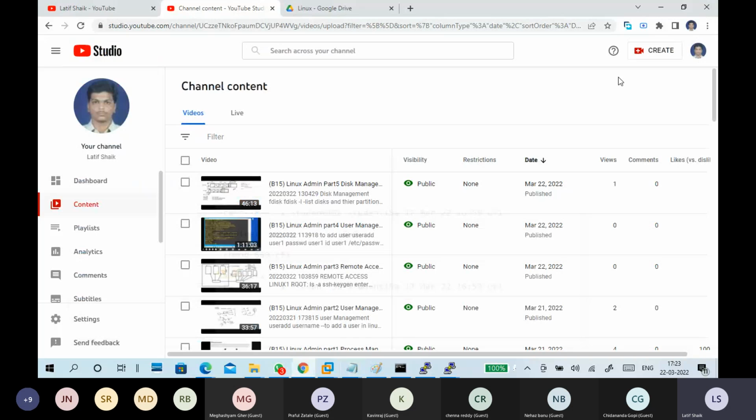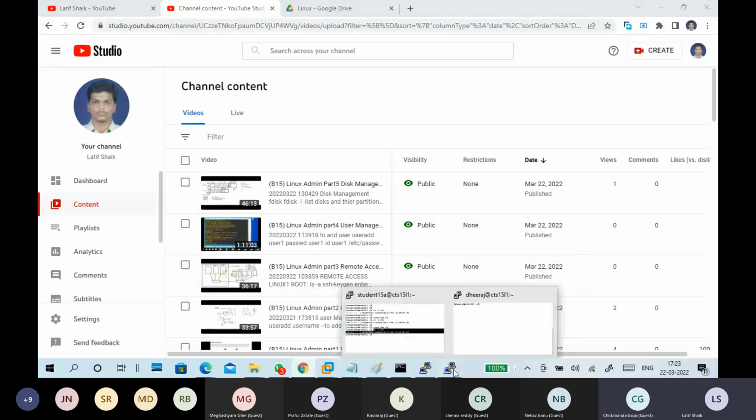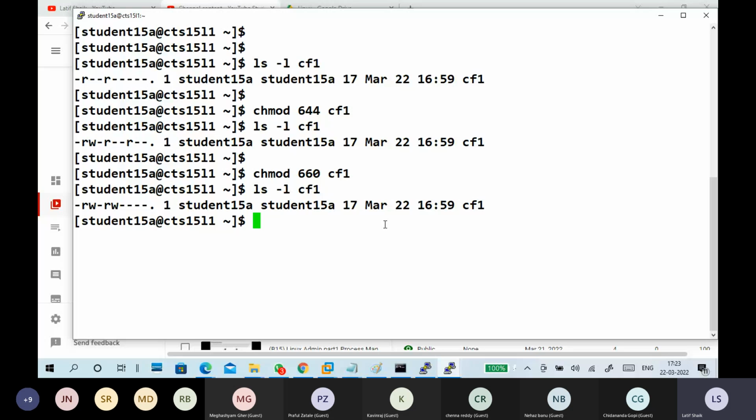As I said earlier, we haven't done anything on directories. Now we'll do it. So I'm creating a directory. mkdir cda1. ls -ld.